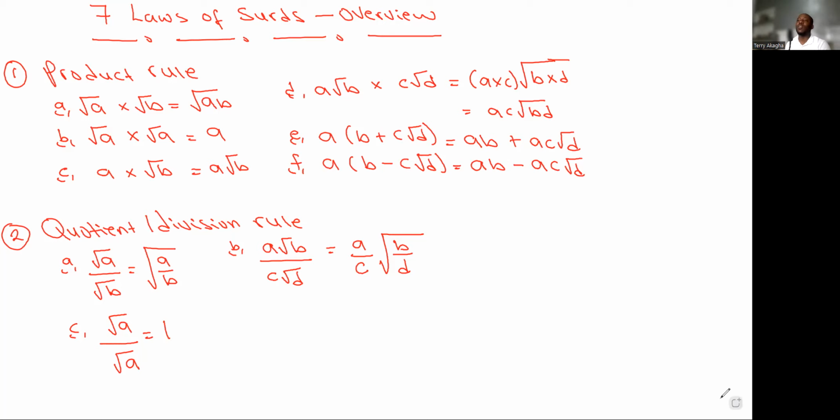The next one is what we call addition and subtraction. Addition and subtraction is very simple. The first one is if you have root A plus root B. Now in this, we have two different surds, and you want to add them together, all right?